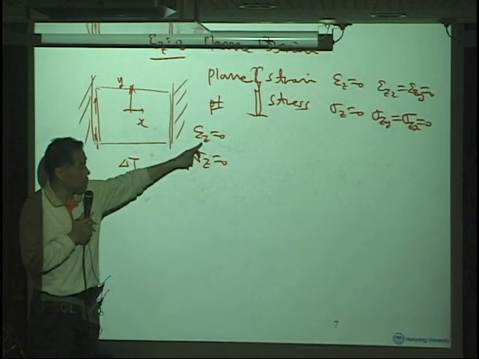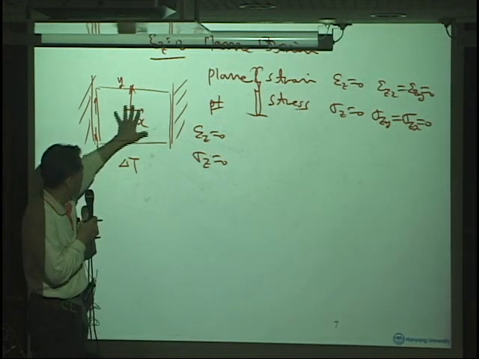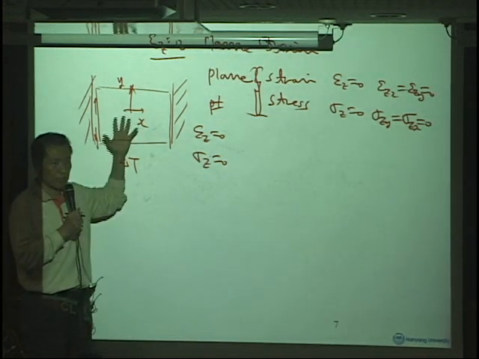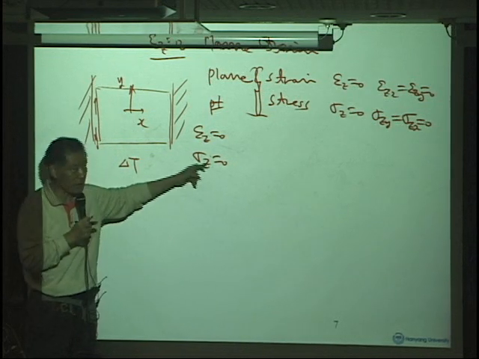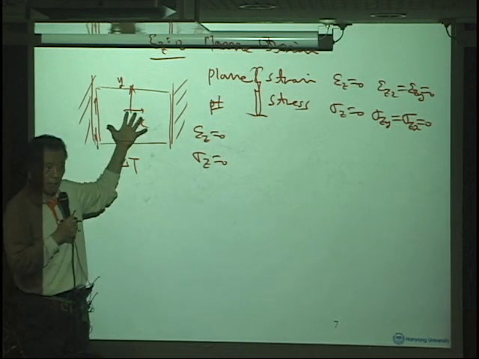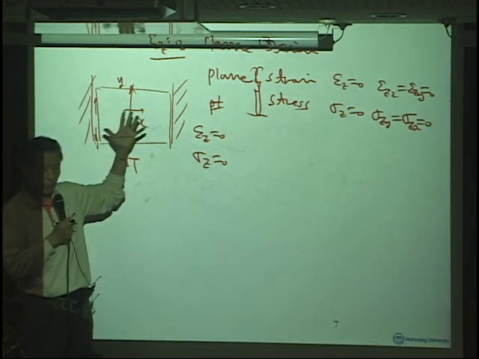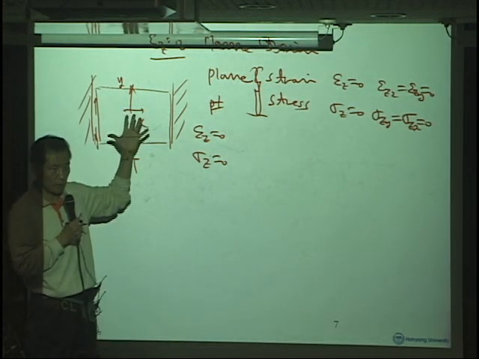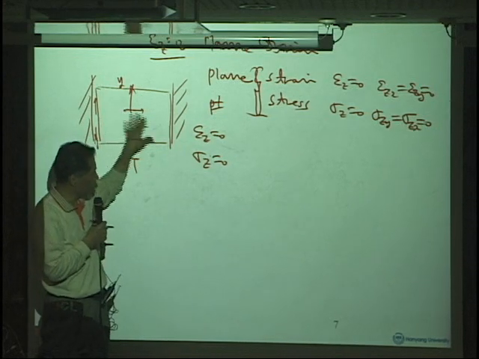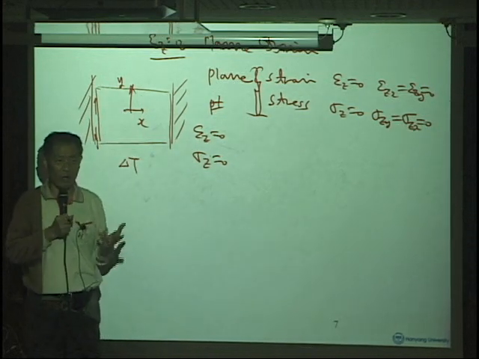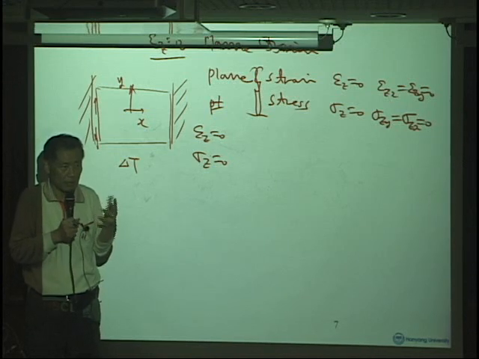Epsilon z equals 0 means this direction is constrained, no movement. But sigma z equals 0 means it freely extends, right? So sigma z will be 0. With epsilon z equals 0, there's a constraint, and I'm sure sigma z will be developed, right?